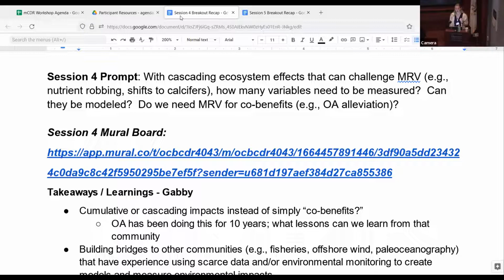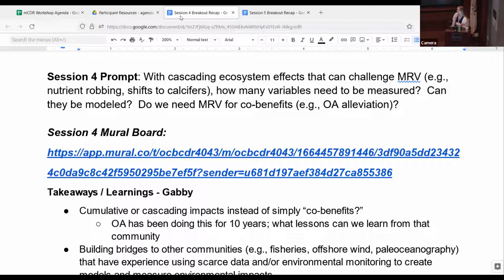Hey everyone, smaller group today. I'm Gabby Kitch. I'm currently with NOAA Ocean Acidification Program. So I'm going to be talking about the main takeaways and learnings from group discussions. The first one we talked about was cumulative or cascading effects instead of simply just co-benefits. I think this was mentioned a lot in the talks too, and talking about potential other issues that might come up when we start scaling these projects.